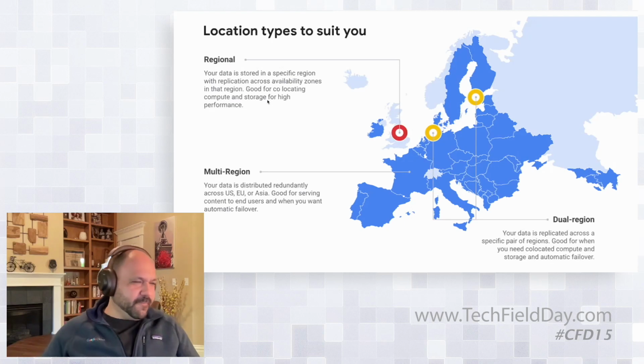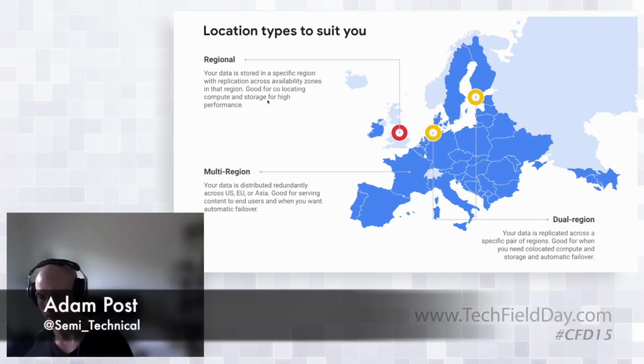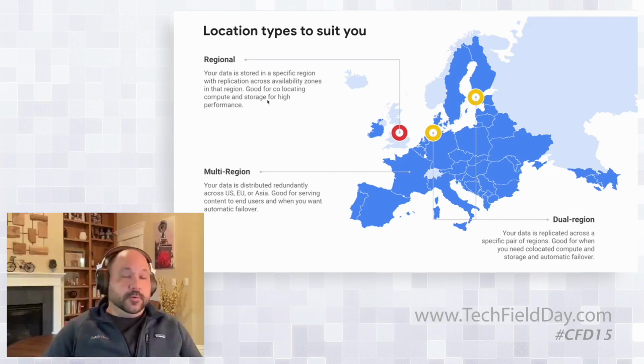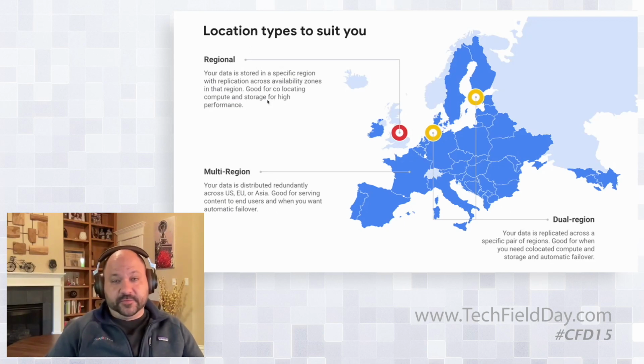Right. And is there a difference in the consistency model between multi-region and dual region? So no, from your perspective, no. The way that it's implemented is a little different, although the core technology is the same. I don't know that I am supposed to say what it is, but put it this way: if you look at GCP's offerings, you'll see a very interesting database called Spanner.